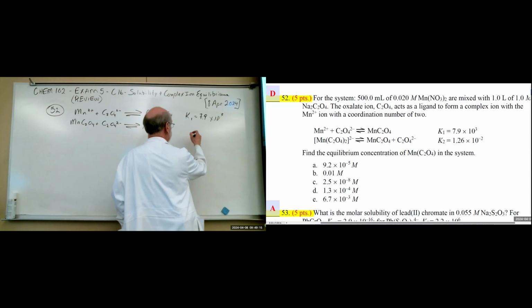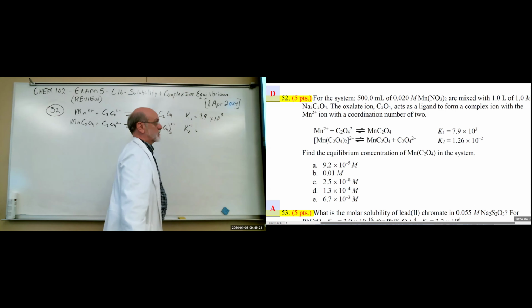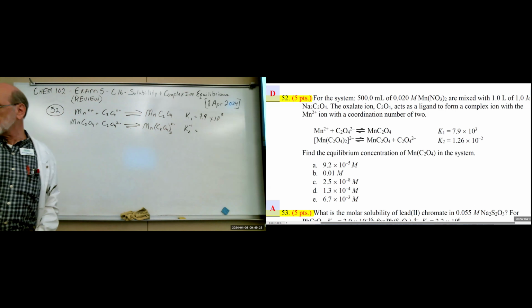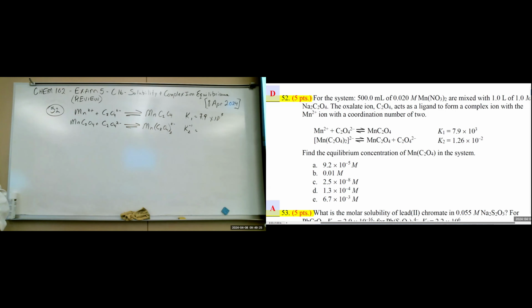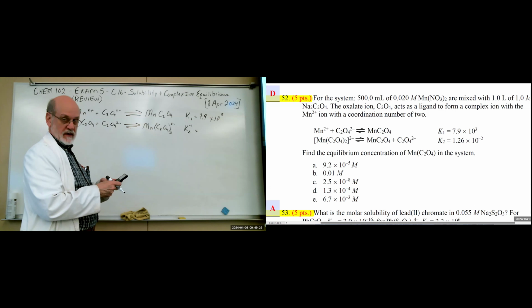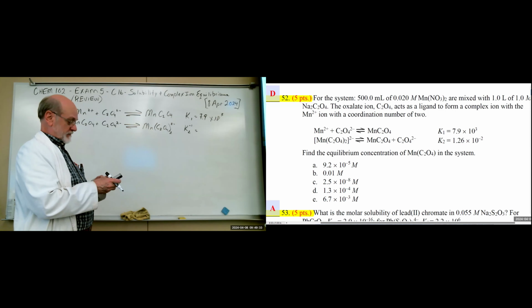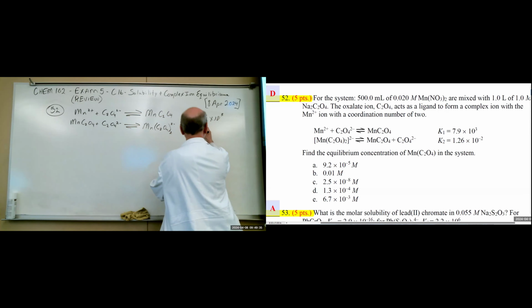Now the K would be the inverse of that value. The inverse of 1.6 times 10 squared. 1.26 exponent minus, take the inverse. So this value is going to be 7.94 times 10 to the first.